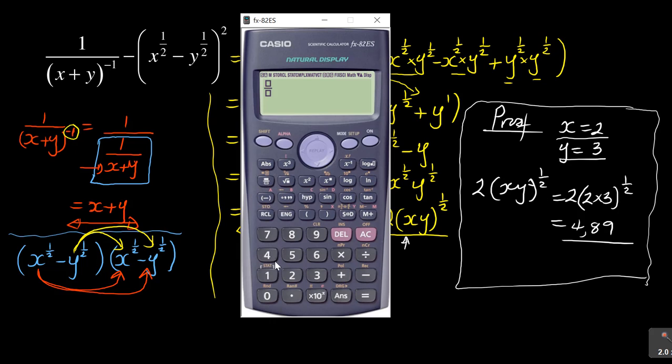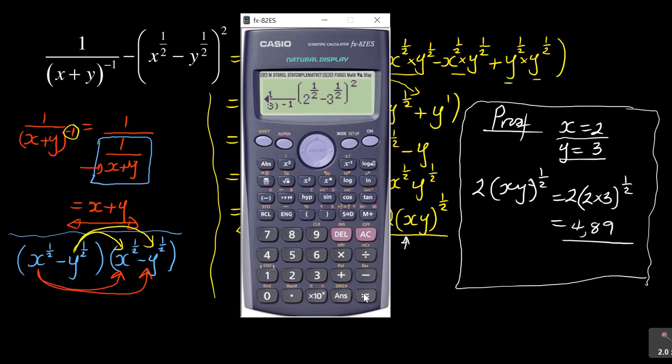So I've got 1 over bracket, x, we say it is 2, plus y, which is 3 to the power -1, remember, and then another bracket, and then you've got your x, which we say is 2 to the power 1 over 2, and then minus y, which is 3 to the power of 1 over 2, and then everything is to the power of 2.